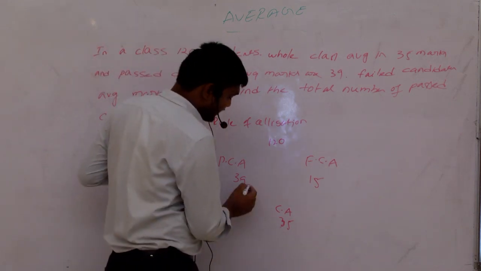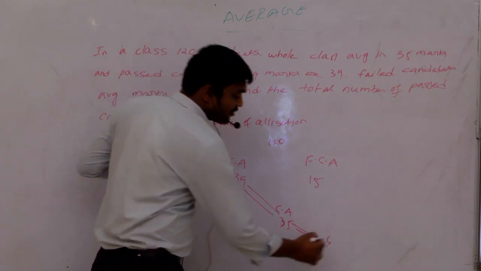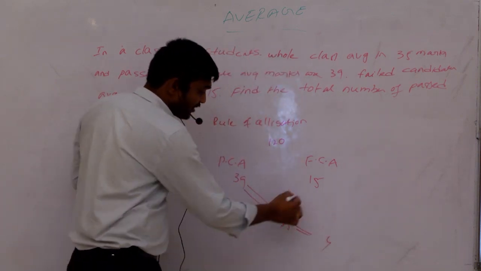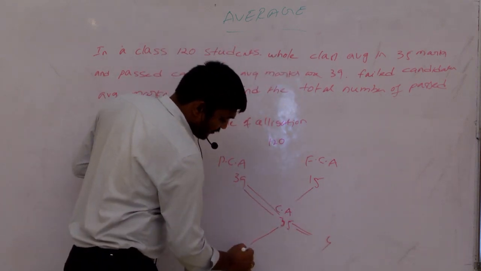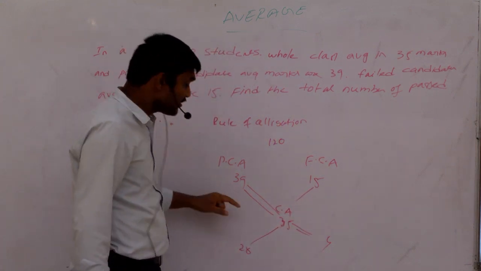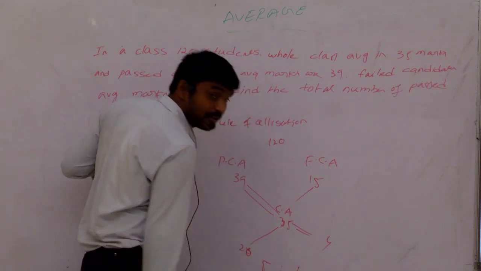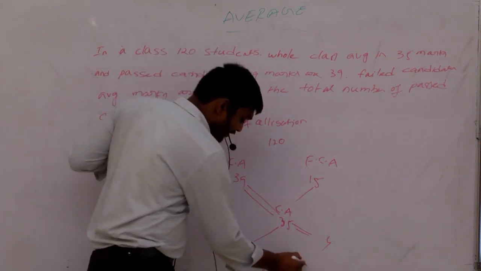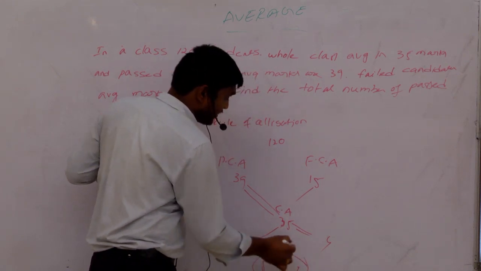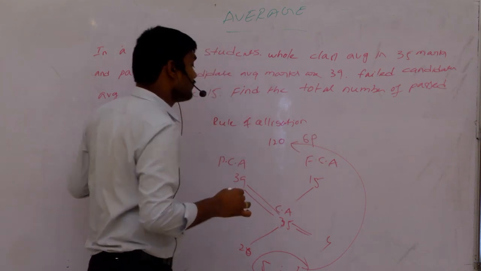Rule of elimination: 39 minus 35, that is 4. 35 minus 15, that is 20. So in the ratio, this is 5 is to 1. So the number of pots is 16, no wait, 6 pots is 120.